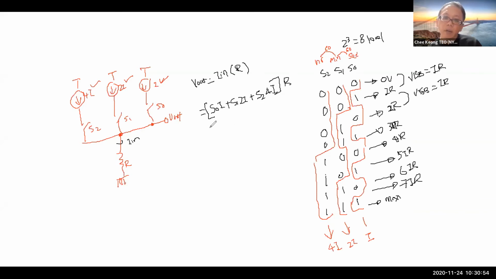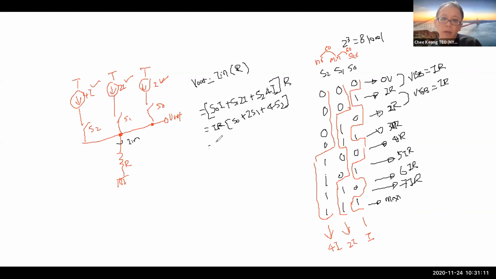Now, how do I take out the common factor? I can take out the common factor as IR, right? Then I have S0 plus 2S1 plus 4S2. Agree now? So this is what I can take out.